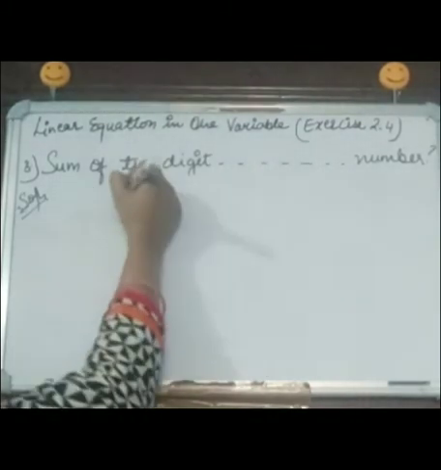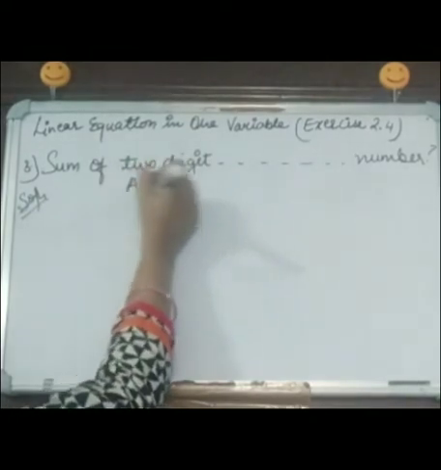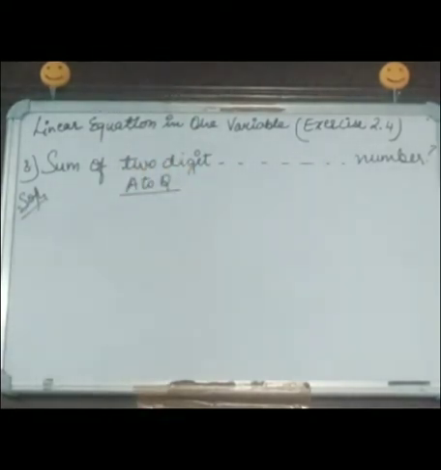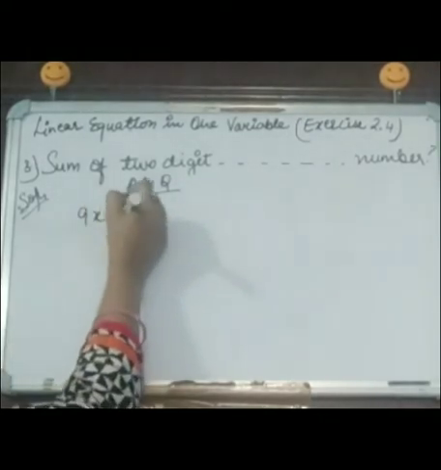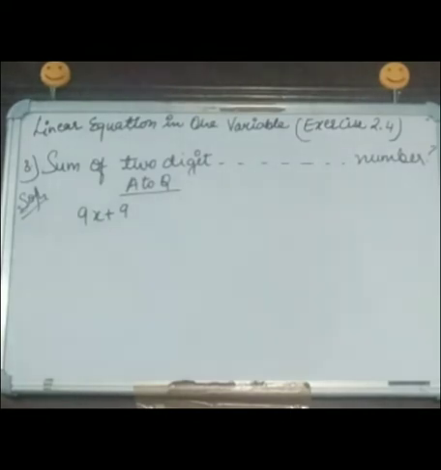Now, according to the question, when we interchange the digits, it is found that the resulting new number, which is 9x plus 9, is greater than the original number by 27. What was the original number?